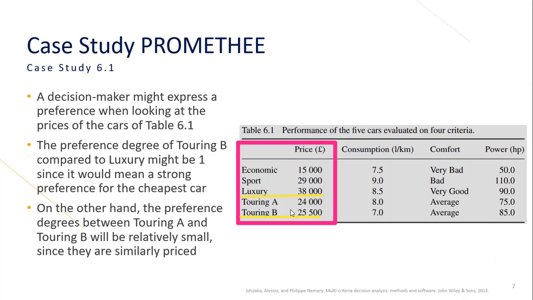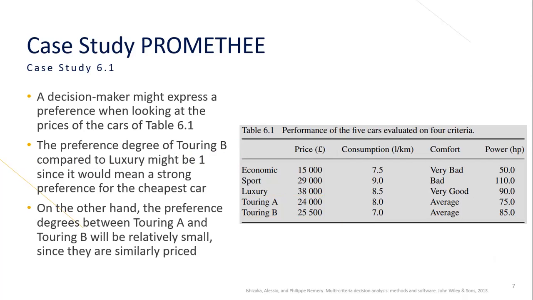You consider that a lot. So you decide, okay, I will have a strong preference towards touring B. So when I compare touring B with luxury, the score will be 1. It means that touring B has a strong preference compared to the luxury. Okay. However, now let's give another example.